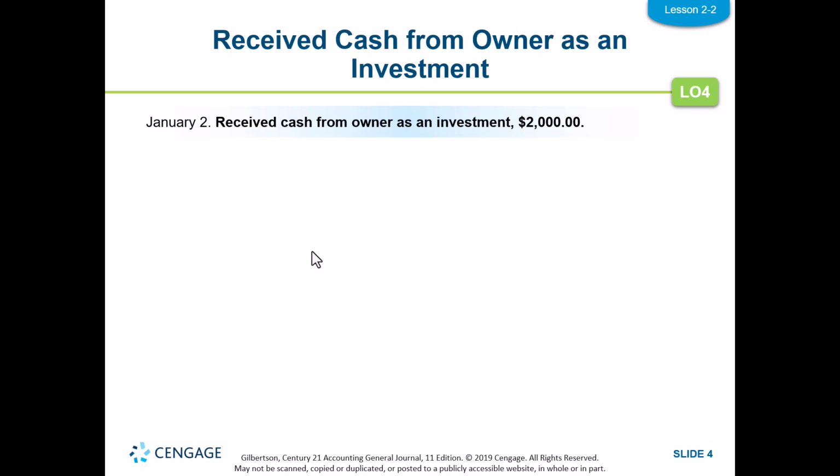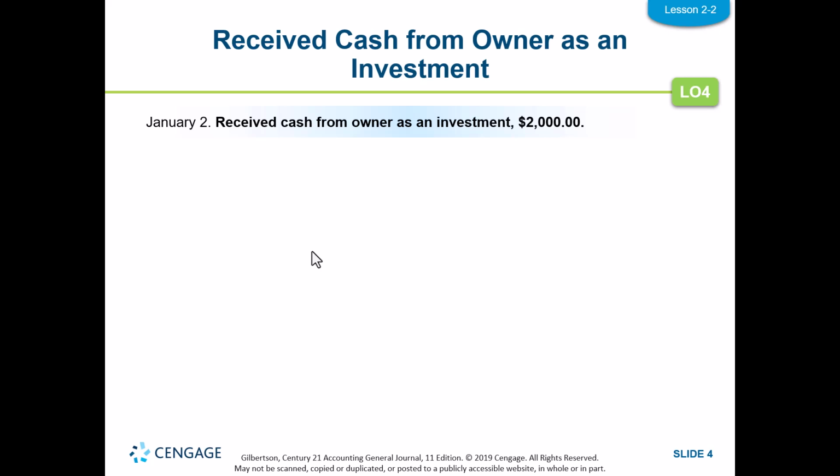What are we doing? Because remember, we're not saying increase anymore. We're going to use the actual technical term. So how do we increase cash? Cash is an asset. Asset is on what side of the equation?